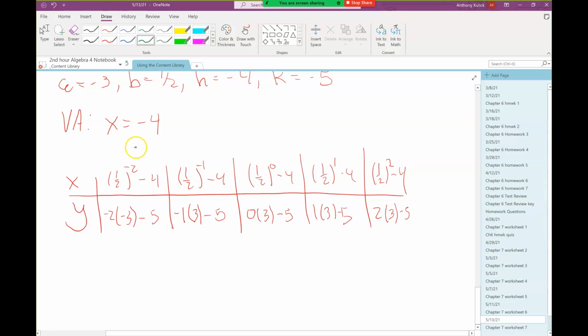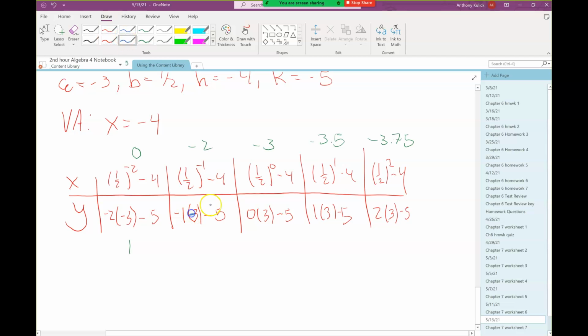To simplify this, let's see, we got 0, negative 2, negative 3, negative 3.5, and then negative 3.75. I got 1. Oops, sorry about this, guys.